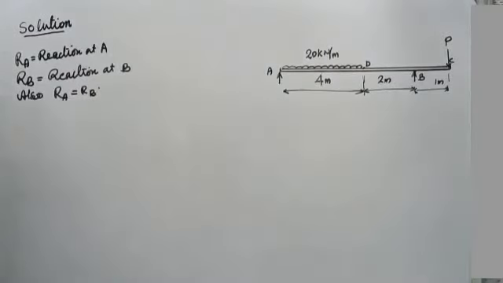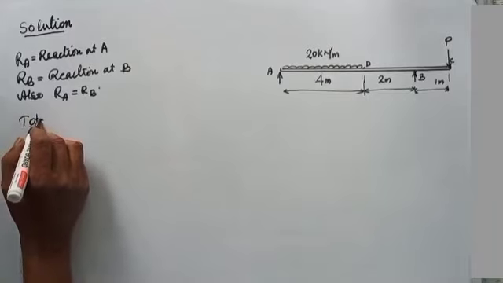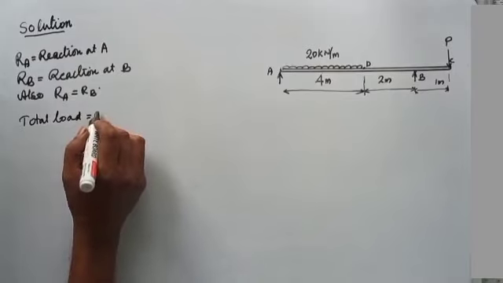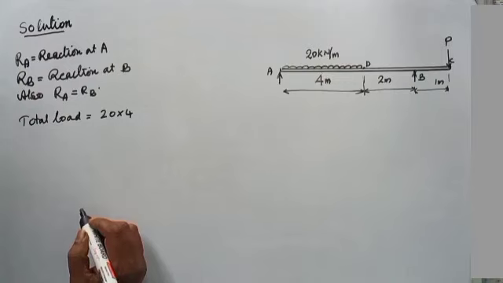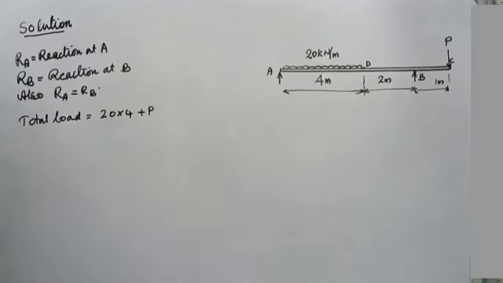Let us first find the total load acting on the beam. That is the load by the UDL and the point load. Total load equals UDL 20 into 4 plus point load P, plus P. But in order to maintain equilibrium, total load must be equal to total reactions.